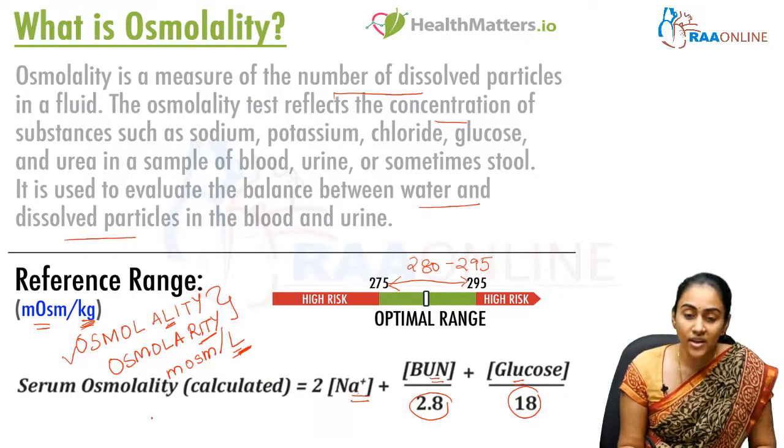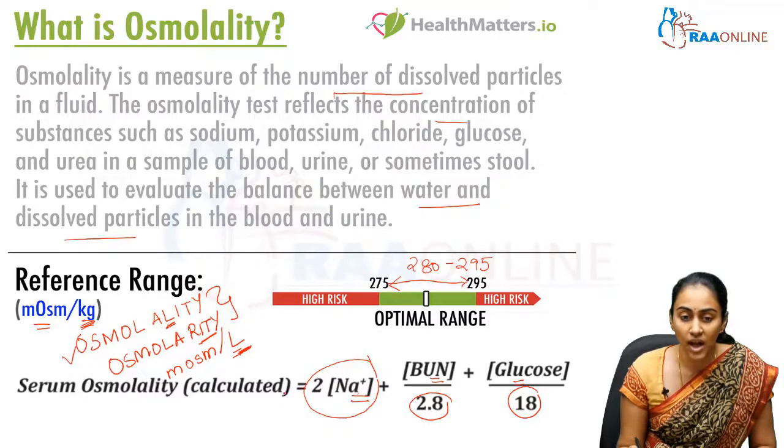Now, what is evident from this formula? You are able to see straight away that the sodium ion plays a very important role in calculation of serum osmolality. It contributes to almost 95% of the calculated serum osmolality. Both your BUN and your blood glucose are divided by large numbers, especially your glucose.